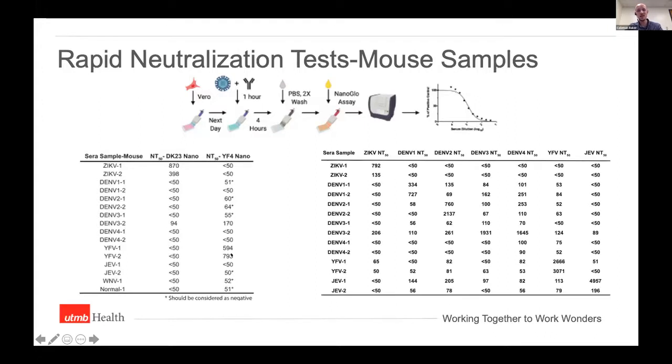And then against that same panel, but against all of the other viruses that we have, we also see some, definitely some cross neutralization, as is typical with flaviviruses, but the highest neutralizing titer corresponds with the homologous virus. This is a great first step in showing that these viruses can be used in neutralization tests, but it's a far cry from the clinical data that we would like to see.